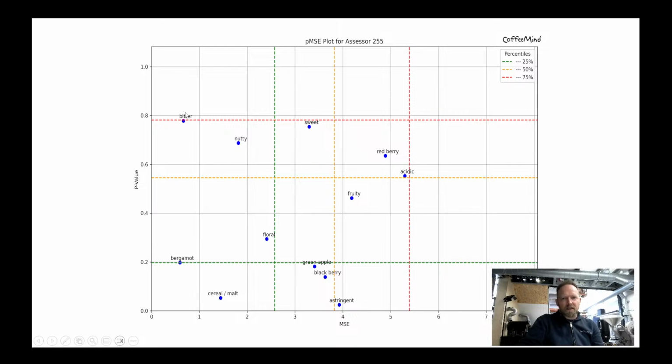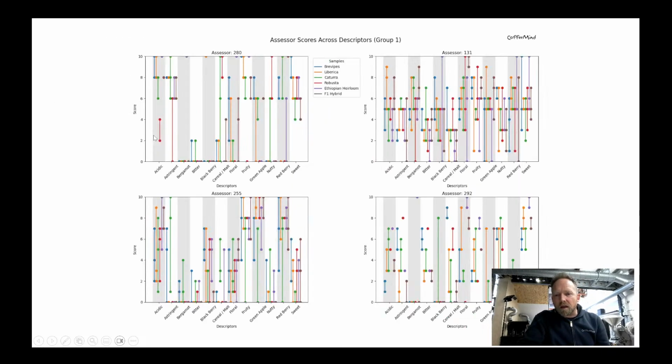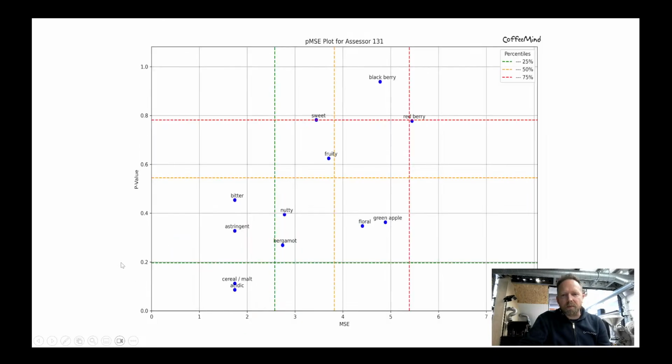Let's see, bitterness is also not too good for this person. It's 255. And this is something that we can see here, right? With bitterness, everything is just scored low. The person is not using the scale, and also has quite a bit of variation. And acidity, again, it seems like it's just one big cloud with no discriminability.